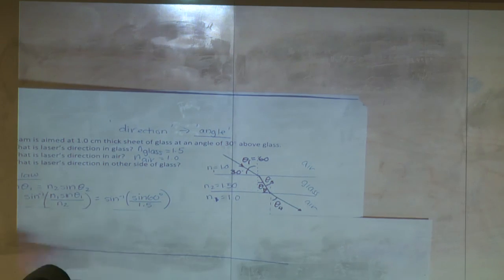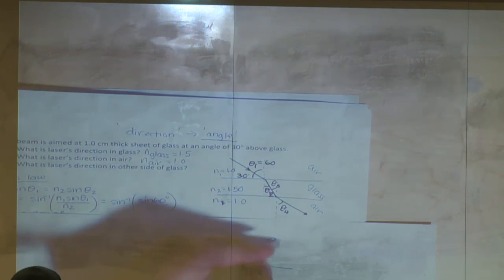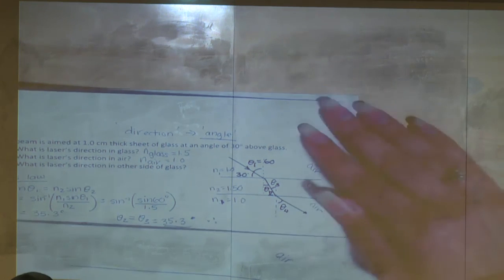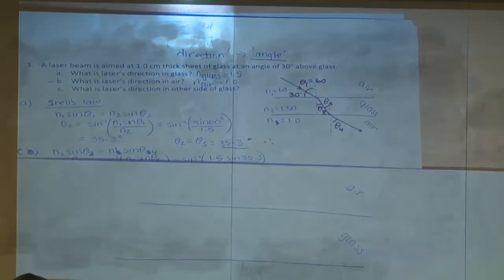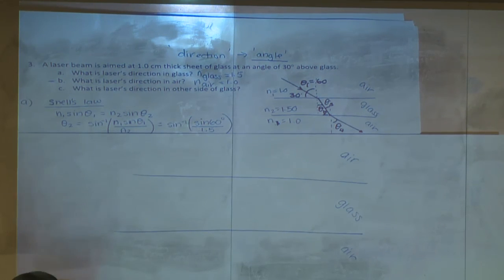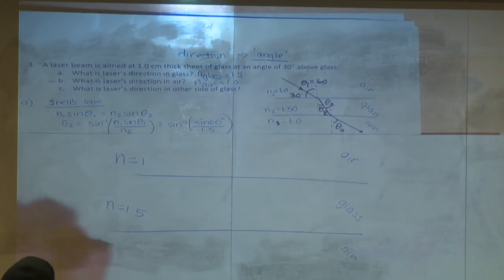So this is air, this is glass, and this is air. This is n equals 1, n equals 1.5, and the refractive index of this is 1.